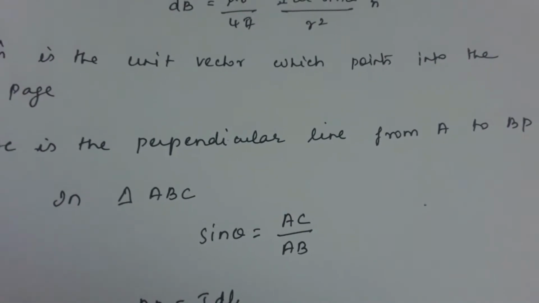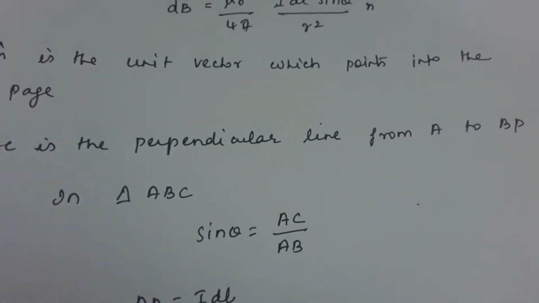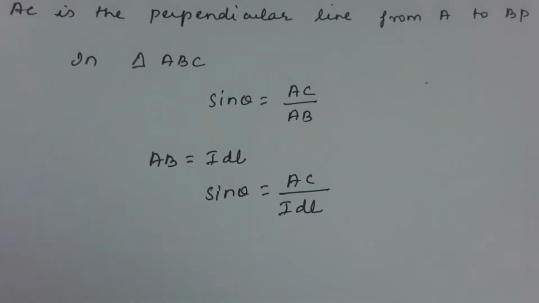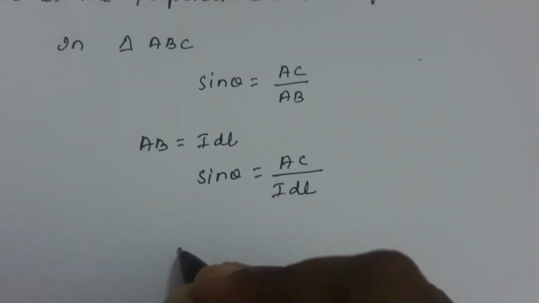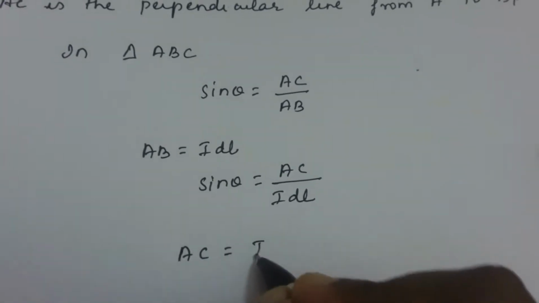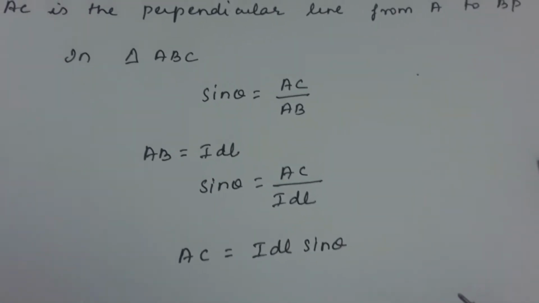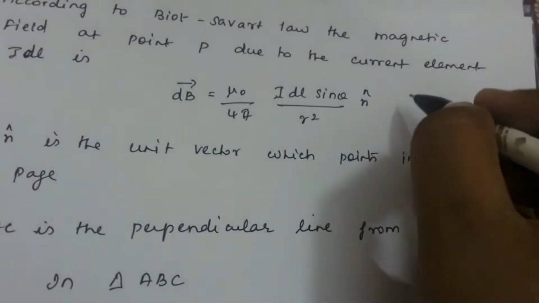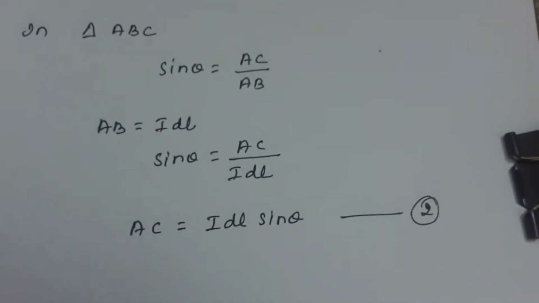So sin theta is equal to AC by dl. So from this I can write AC is equal to dl sin theta. I am writing the Biot-Savart law as equation number 1, and this as equation number 2.